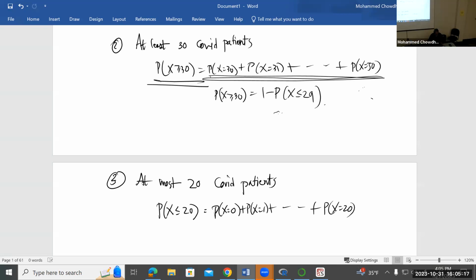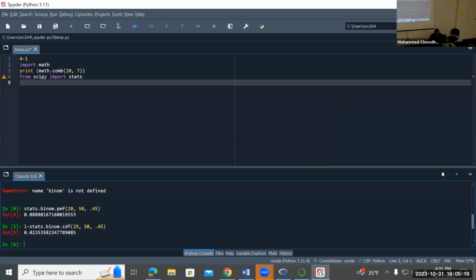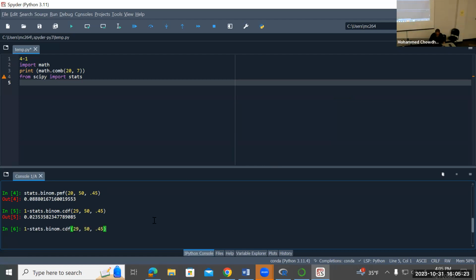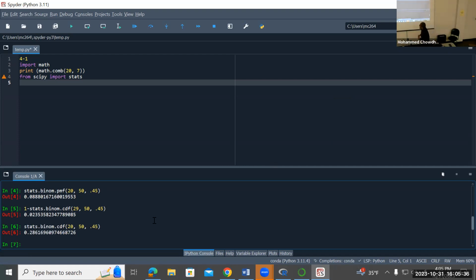Now, which you can do at most, just come here, you can do this. This is the at most one. Put here 20. Okay, take a look. 1 minus at most equal to at least.